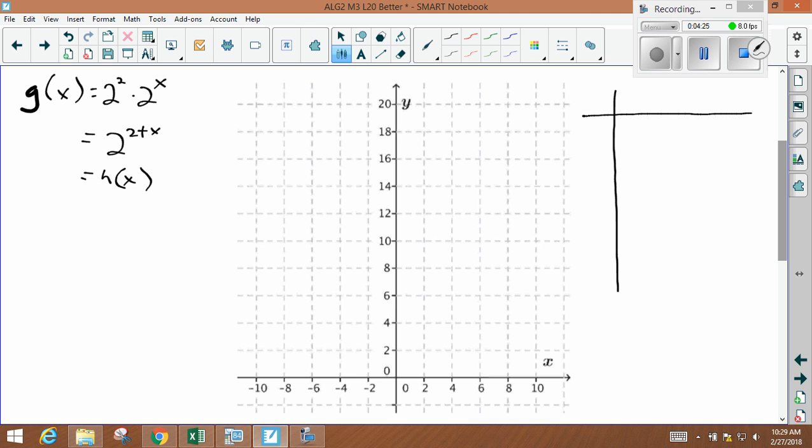So I'm going to make a table with x, f of x, and g of x, because f of x is 2 to the x power. I'm going to just write that down here.